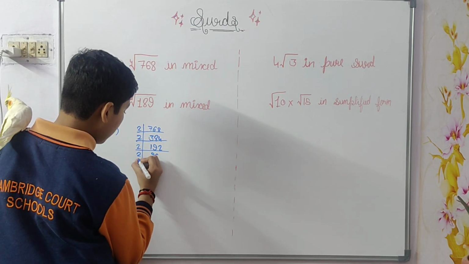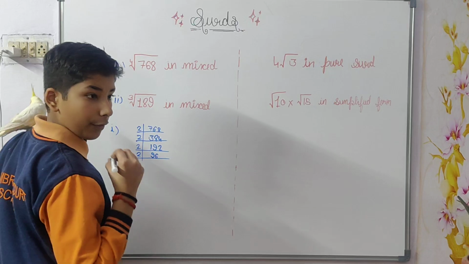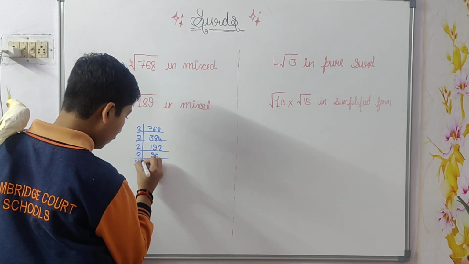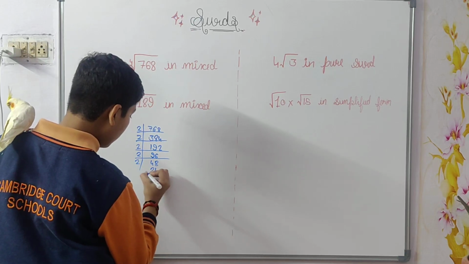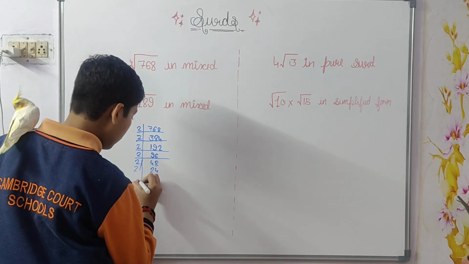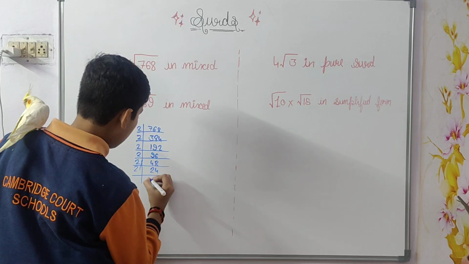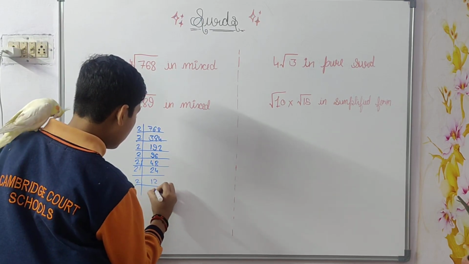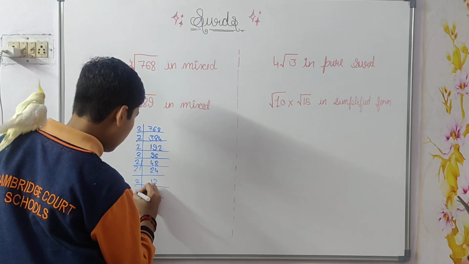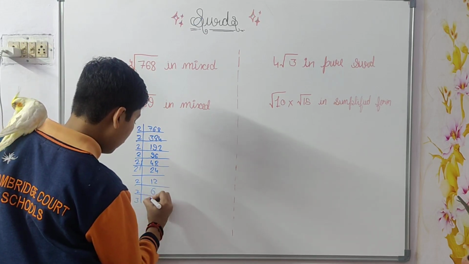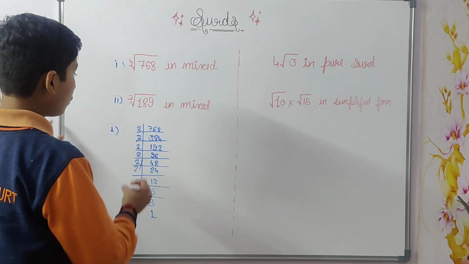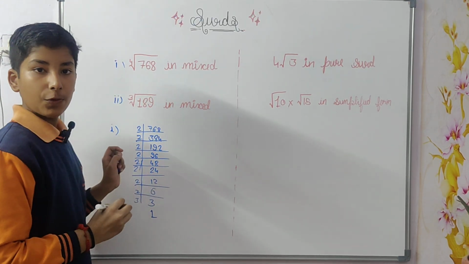Now 48, 2 common, 24, 2 common, 12, 2 common, 6, 2 common, 3 and 1. So what? 2 2 2, because it is power 4.